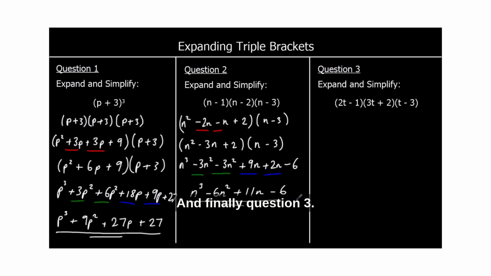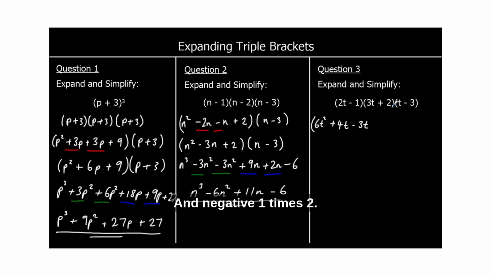And finally, question 3. So again, expand and simplify the first two. 2t times 3t, 6t squared. 2t times 2 is 4t. Negative 1 times 3t, negative 3t.